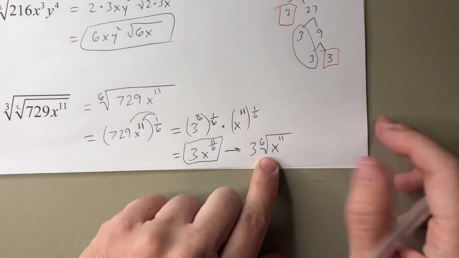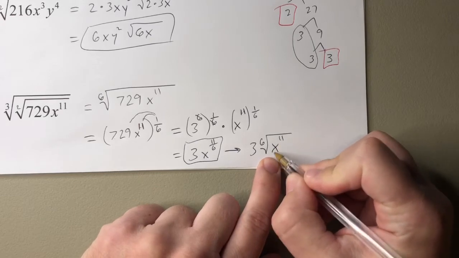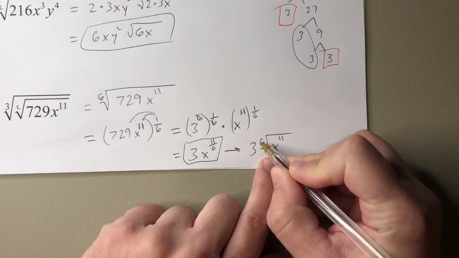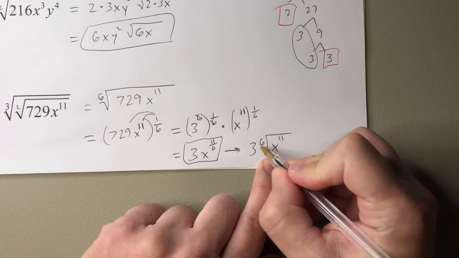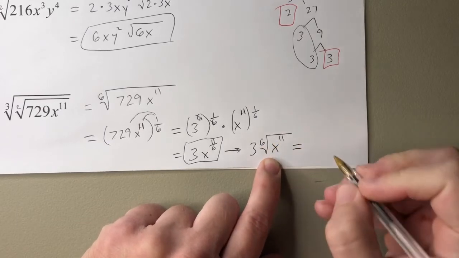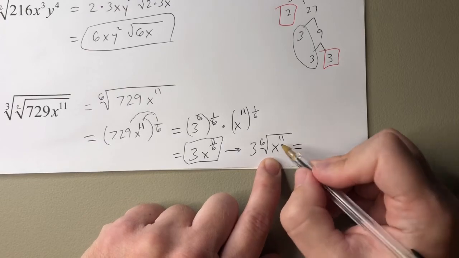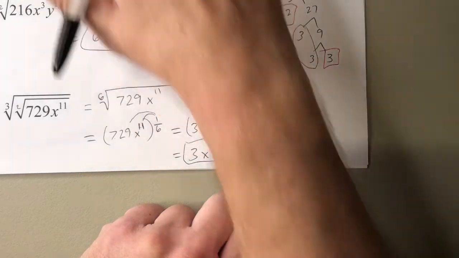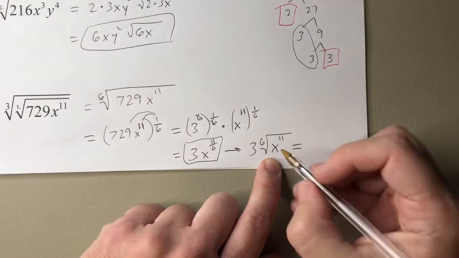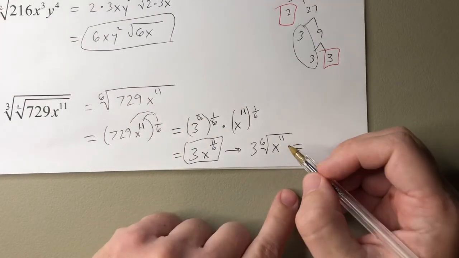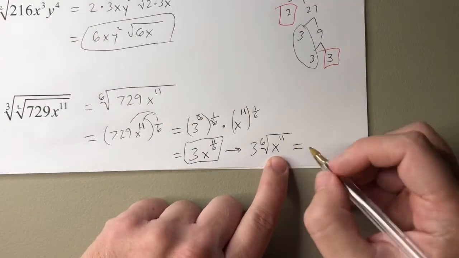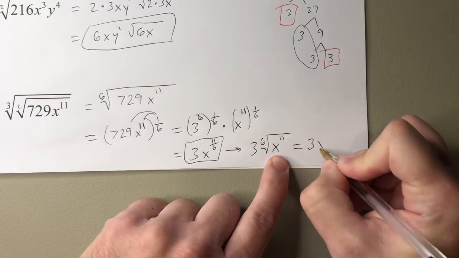Why not? Because we have 11 x's underneath this 6th root. Because there's a 6 here, we're looking for groups of 6 x's. We have 11, so we have at least 6. For every group of 6, we pull one x out in front. So we get 3x.